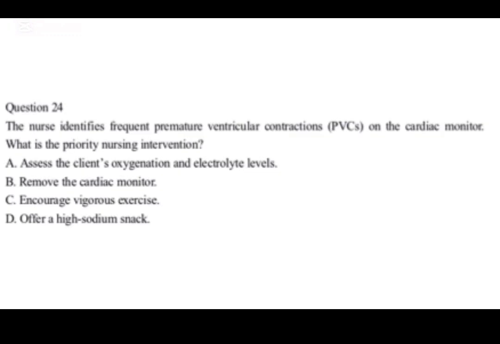Question 24. The nurse identifies frequent premature ventricular contractions, PVCs, on the cardiac monitor. What is the priority nursing intervention? A. Assess the client's oxygenation and electrolyte levels. B. Remove the cardiac monitor. C. Encourage vigorous exercise. D. Offer a high-sodium snack.